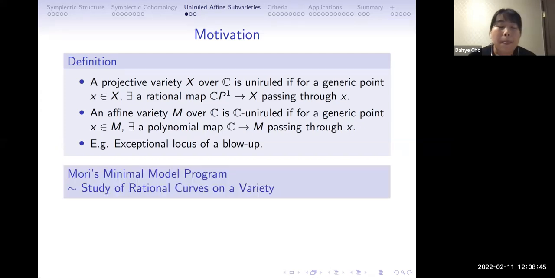So in birational geometry, people want to understand a variety up to birational equivalence. That is, varieties are isomorphic away from divisors or subvarieties. And Mori's minimal model program is, roughly speaking, a study of rational curves on a variety.